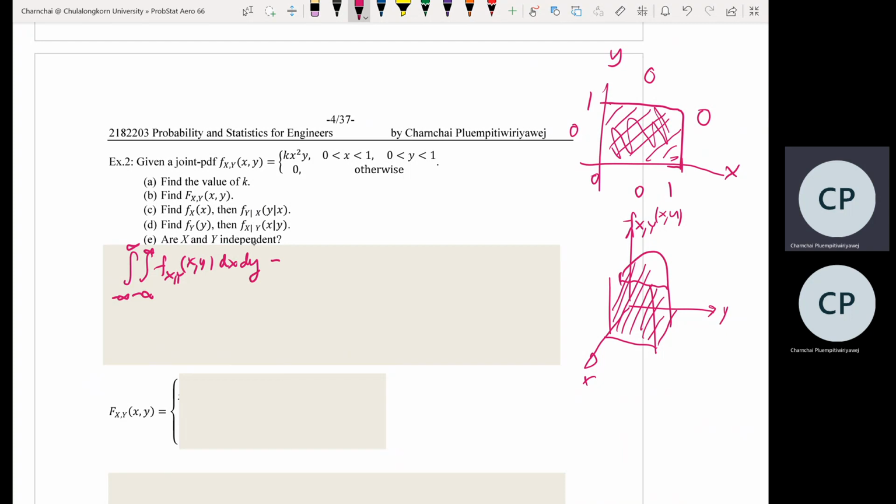And now we substitute in the joint PDF as k x squared y, dx from 0 to 1, and dy from 0 to 1.